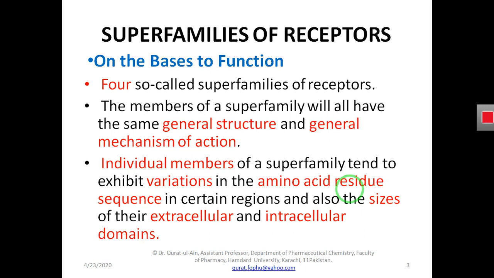On the basis of function, receptors are classified into four superfamilies, and all the members of these superfamilies have a general structure and a general mechanism of action, but some individual members of each family have some variation on the basis of amino acid residues or amino acid sequence or the size of their extracellular and intracellular domain. We will also see it in the next slides.